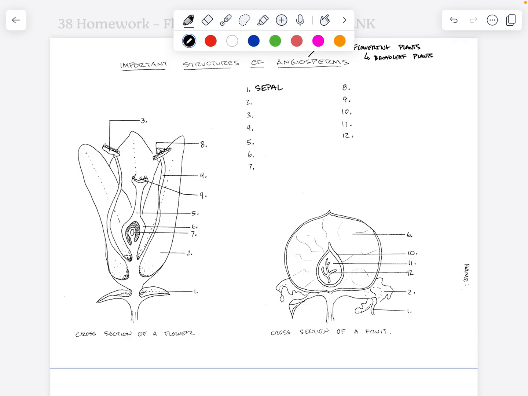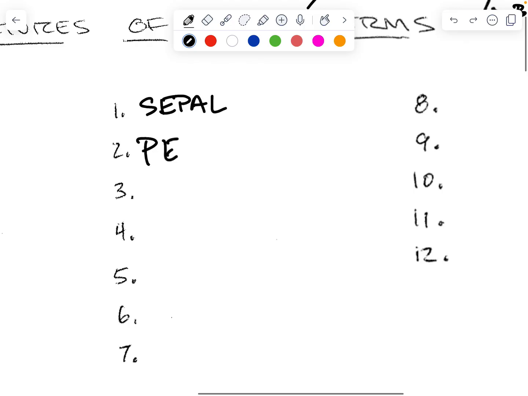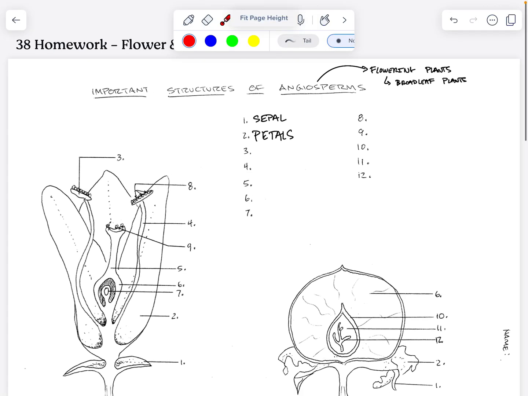Number two is the part of the flower that I'm sure you're all familiar with. These are the petals. Plants have petals of a variety of different colors, and they also produce scents in order to attract their pollinators.